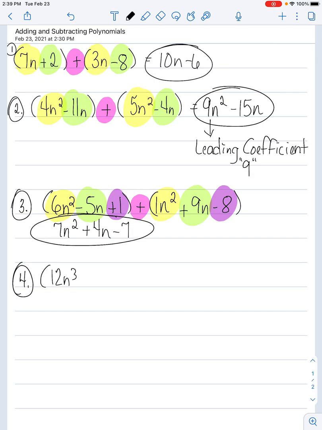12n cubed plus 3n minus 3 plus negative 5n squared minus 3n plus 16. Now, if you'll remember, I told you that the most appropriate way to write these is in descending order, meaning you start with the highest exponent and go to the lowest.